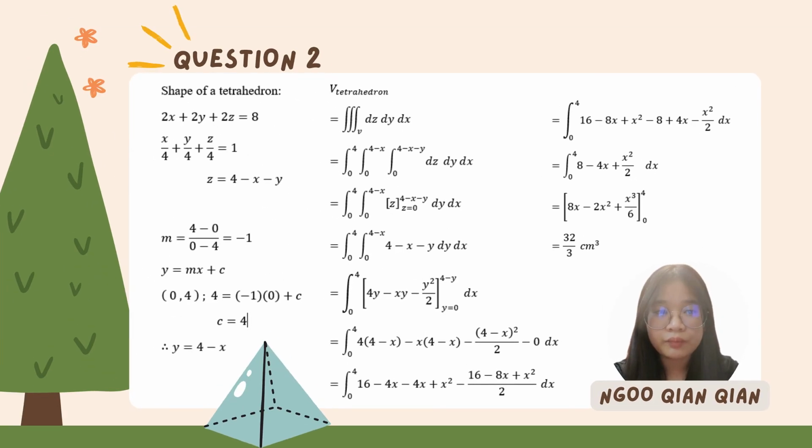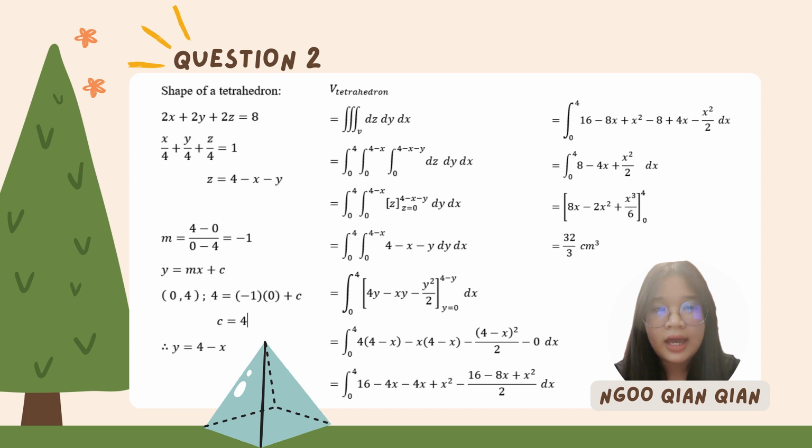In question 2, we simplify the equation for the tetrahedron to the form z equals 4 minus x minus y. After that, we find the equation for y by using y equals mx plus c, and thus we get y equals 4 minus x. Next, to find the volume of the tetrahedron, we use a triple integral over the region bounded by x equals 0, y equals 0, z equals 0, and x plus y plus z equals 4.